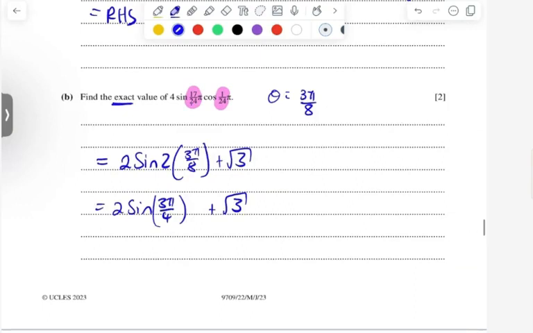Okay, and if I get my sine of that value, sine of 3 pi over 4, that gives me root 2 over 2. And this simplifies to root 2 plus root 3. And they do want it to be in exact form, and I can't really simplify that any further. So that is my final answer.